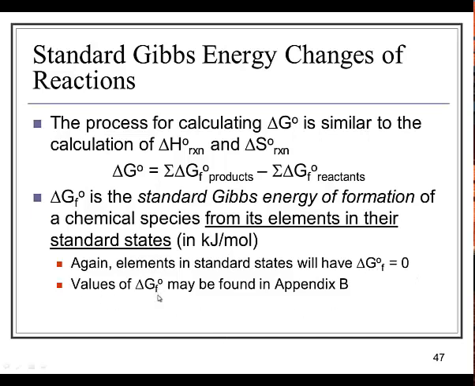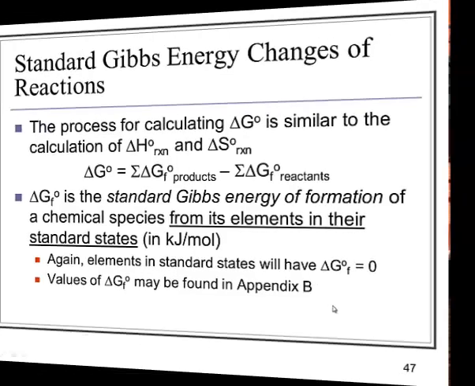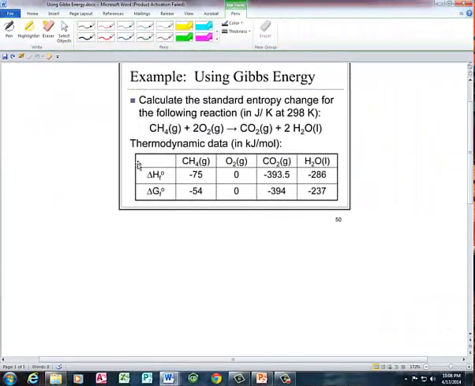Values of delta G of formation under standard conditions can be found just like standard molar entropy and the delta H of formation. So now let's use the tabulated values for the delta H of formation and the delta G of formation to determine the standard entropy change for the following reaction in joules per Kelvin.